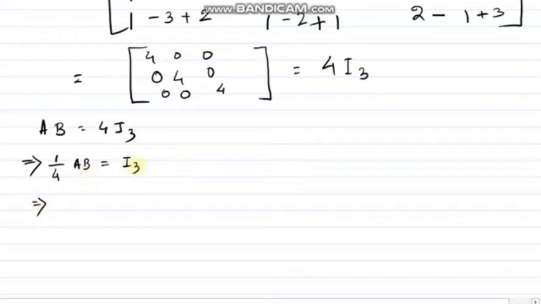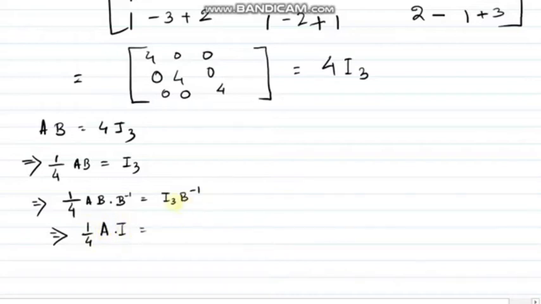Hence, if I multiply both sides by B inverse, 1/4 AB into B inverse will be I3 into B inverse. We know B into B inverse is I. So 1/4 of A into I equals I3 into B inverse, which is B inverse. What is A into I? That will be only A. So 1/4 of A is my B inverse. Do you agree?